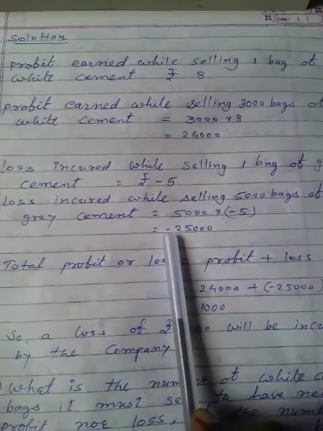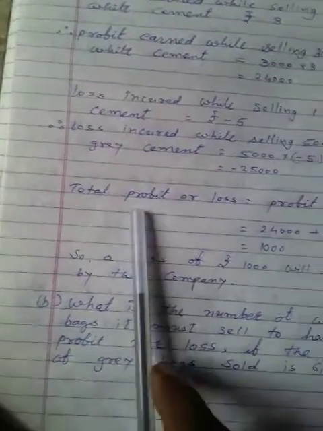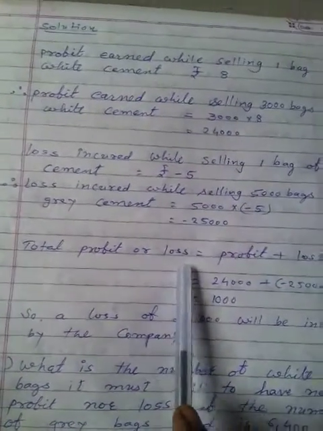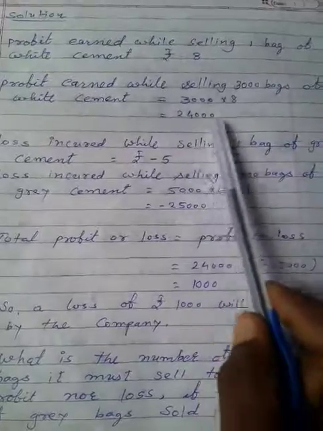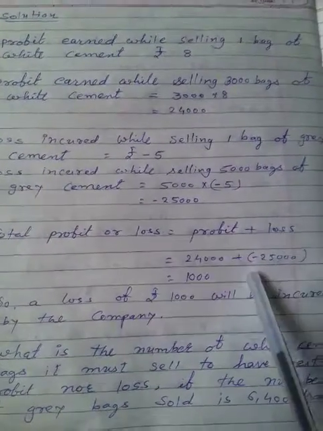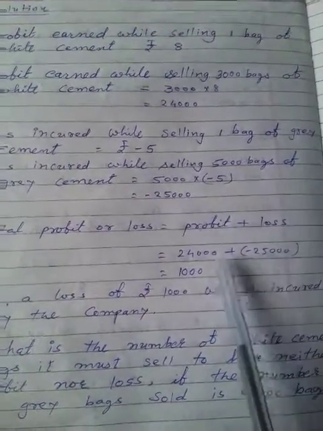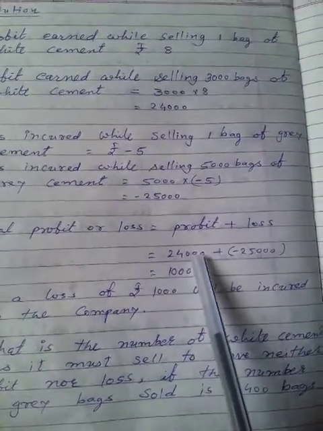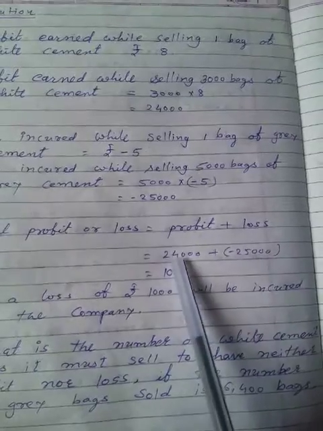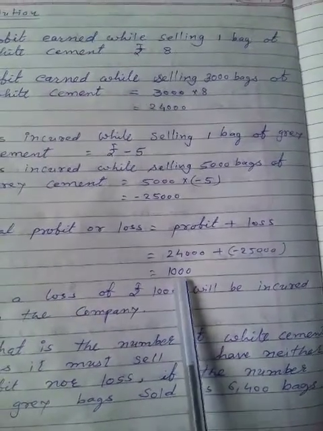Okay, minus 25,000. So total profit or loss is equal to profit plus loss. So profit how much? 24,000 and loss minus 25,000. So plus minus, so 25,000 minus 24,000. So 1,000 will be there.